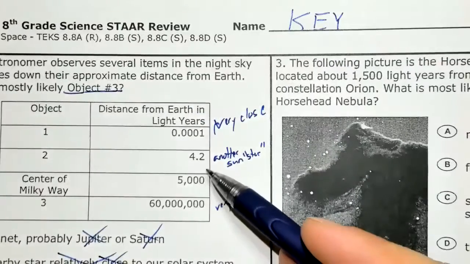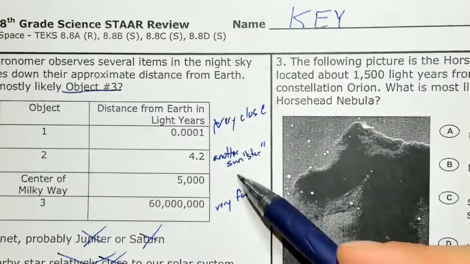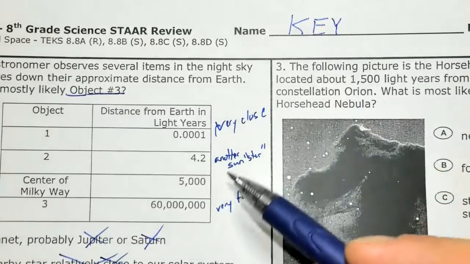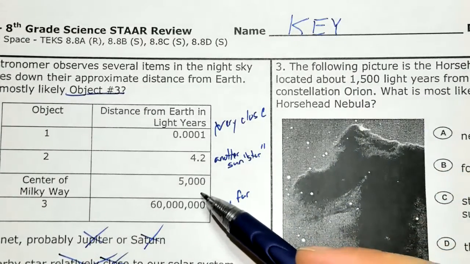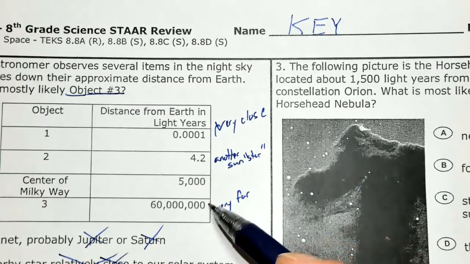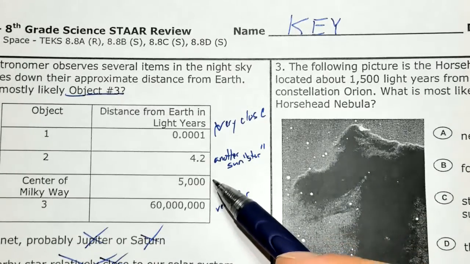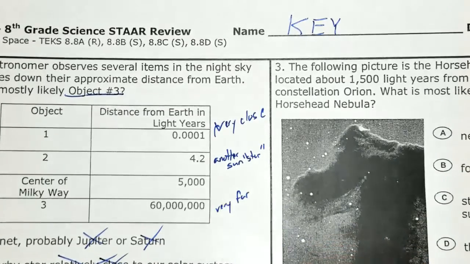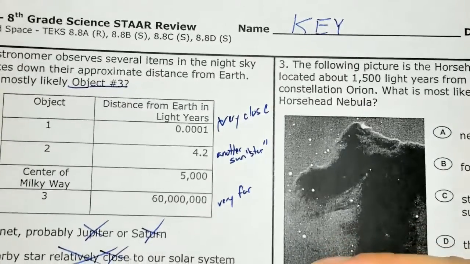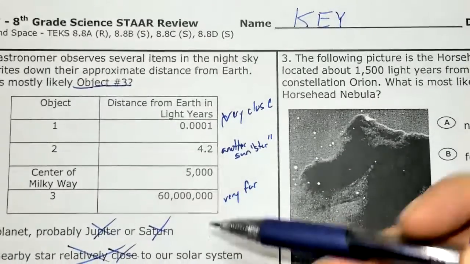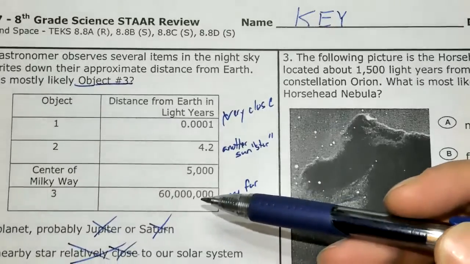I mean, look, the next closest sun is 4.2 light years away, but our entire Milky Way galaxy, vast is a great expanse, and we're 5,000 just from the center. I think it's like close to 10,000 or maybe close to 11 or 12,000. I have to look it up myself. And then obviously another galaxy, really far away. That would be a very large distance.